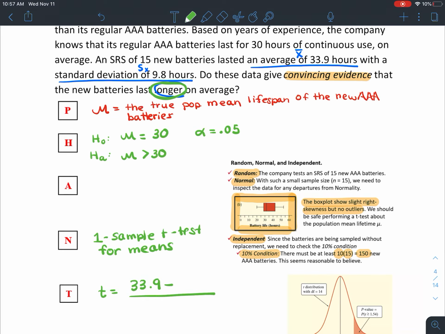We would want to subtract from that mu sub 0, which is what we're hypothesizing in our null hypothesis for the population mean. Okay, and then we divide that by the standard deviation of our sample, that's the 9.8, divided by the square root of the sample size, that's 15. Okay, if we type that into the calculator, we get a t-score of 1.54.